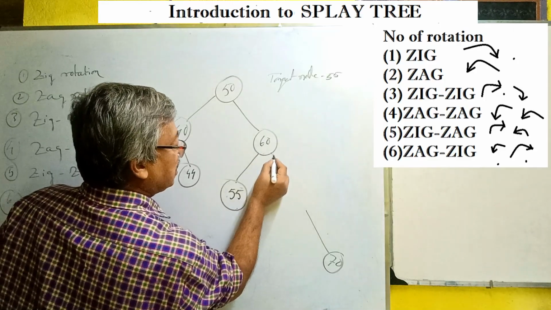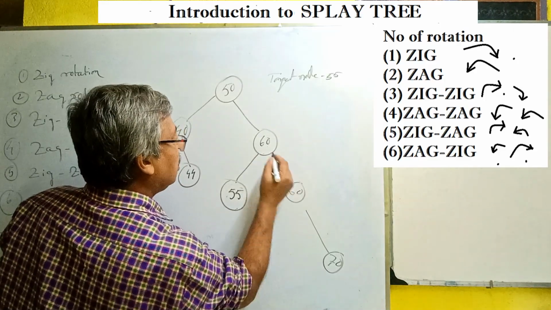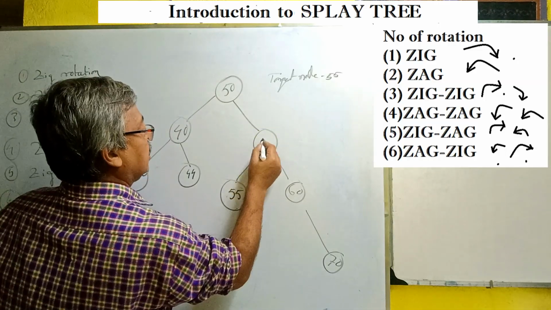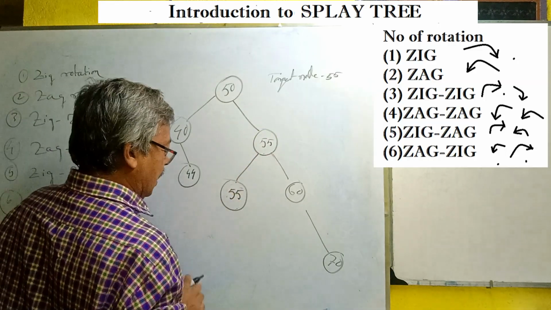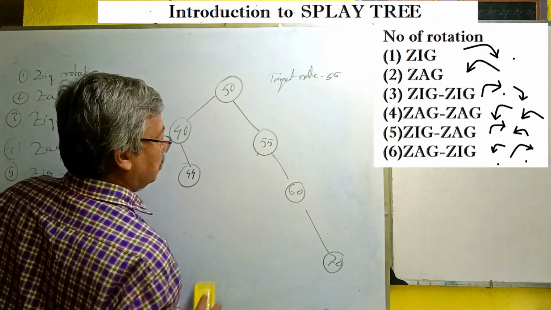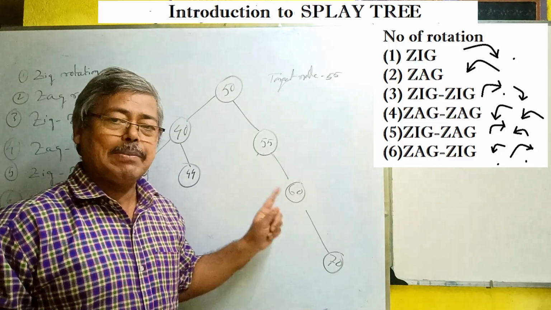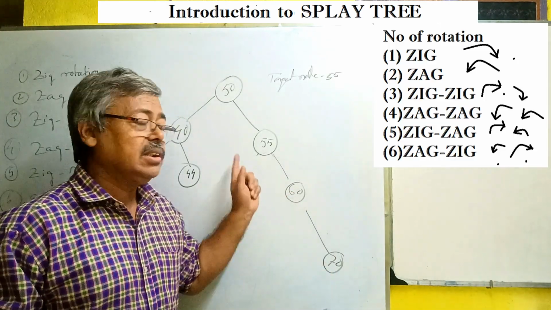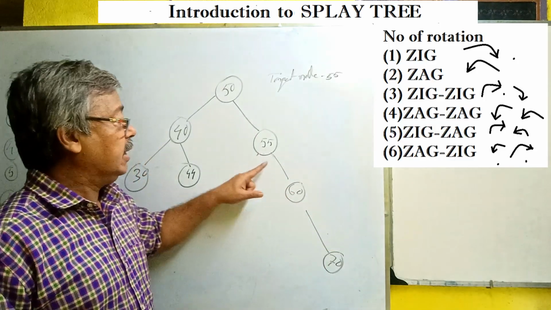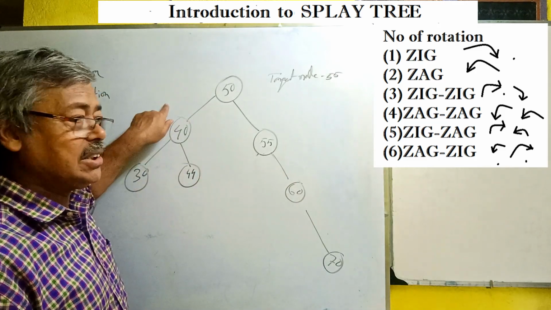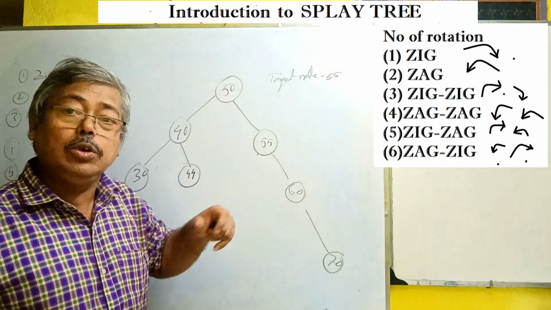After one operation, that is the jig operation, a right side operation, 55 will come here. After another operation, that is the jack operation, 55 will come to the root position.